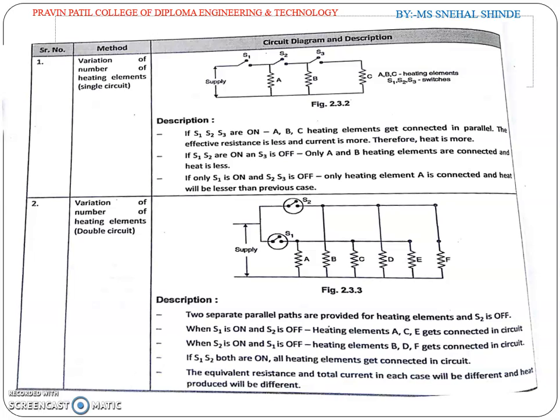When S2 is on and S1 is off, heating elements B, D, F get connected in the circuit. If S1, S2 both are on, all the heating elements get connected in the circuit. The equivalent resistance and total current in each case will be different and heat produced will be different.